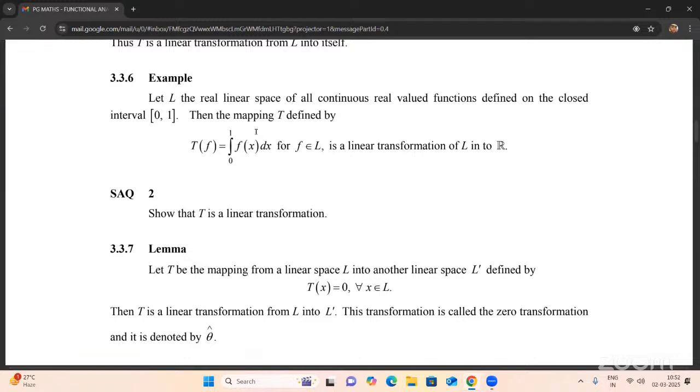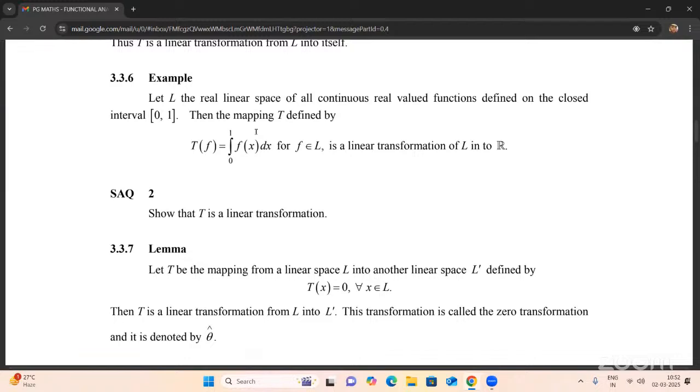How will the question be given? Please note down: define linear transformation, or homomorphism, on vector space. Homomorphism on vector space.